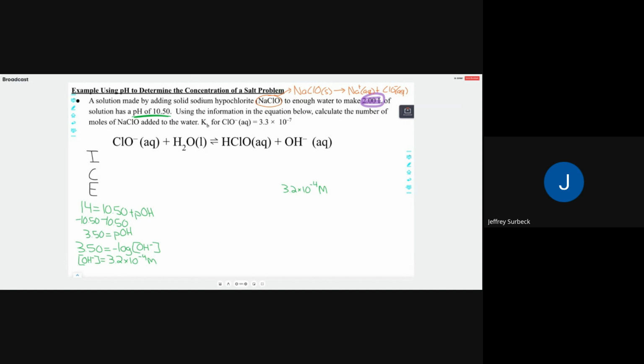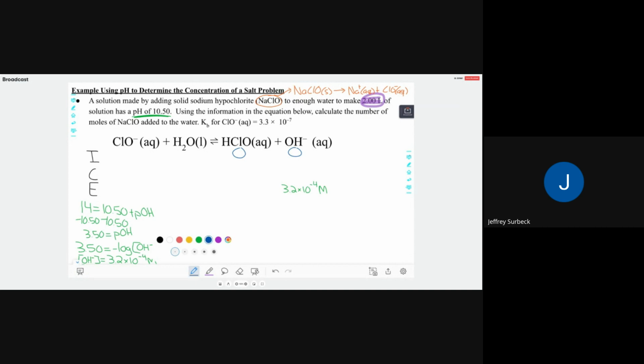Do we have anything on our right-hand side? We don't, so we can assume that both of these initial quantities are 0. And so to go from 0 to 3.2 times 10 to the negative fourth, how much did that OH- have to gain?